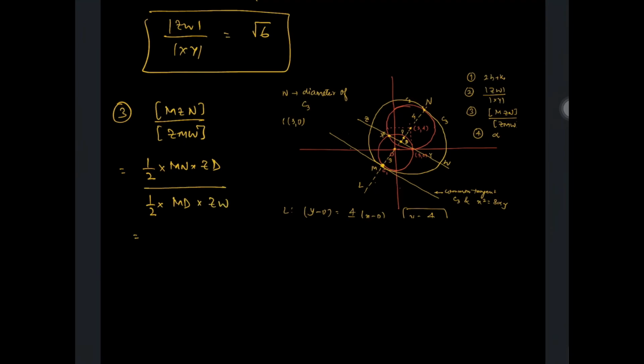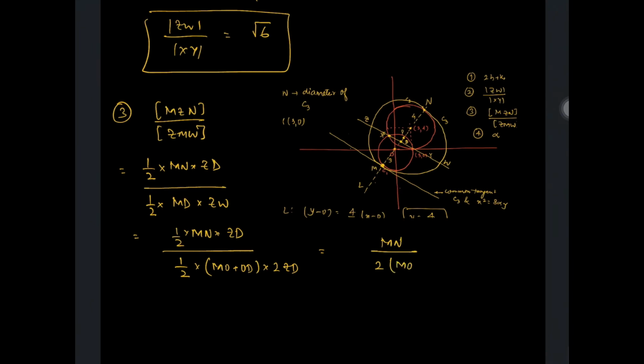So this is half MN ZD by half MD, and MD is MO plus OD, into ZW is 2 times ZD. So this is MN by 2 times MO plus OD.